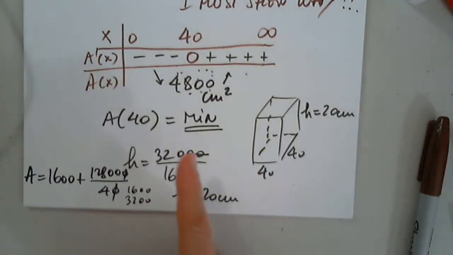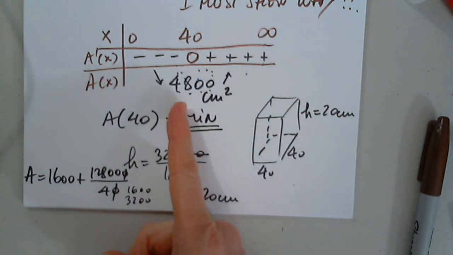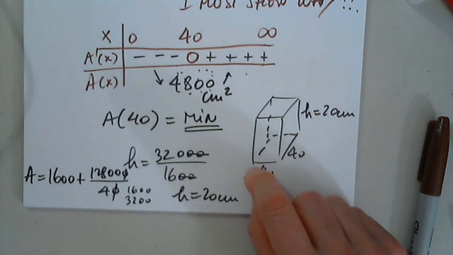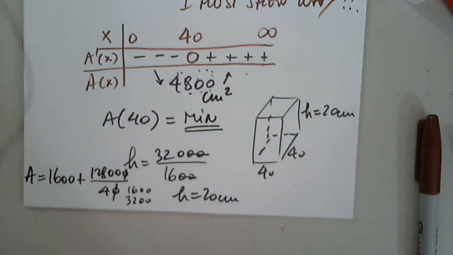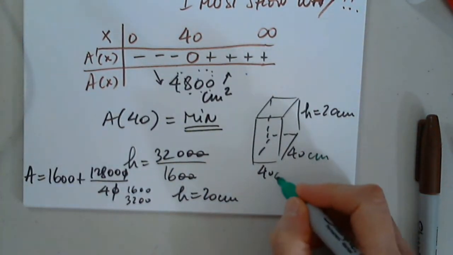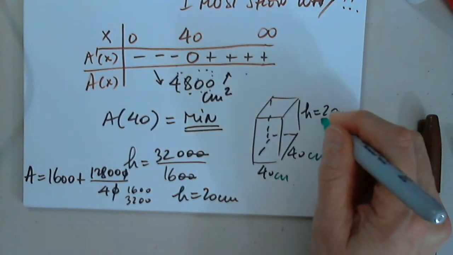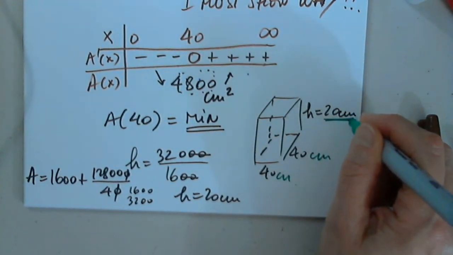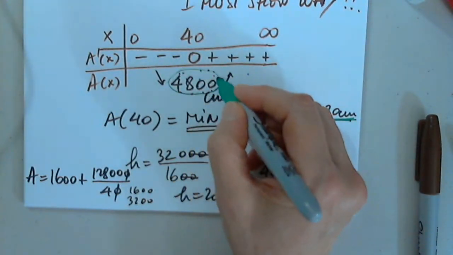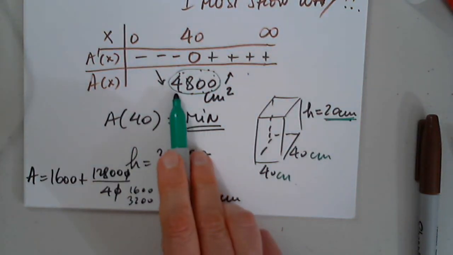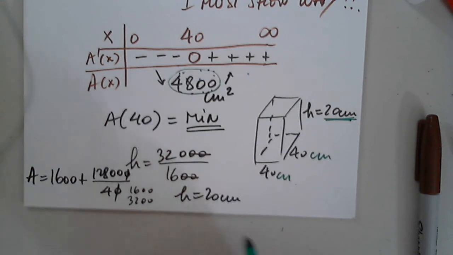This is very important. If you want that to happen and you want to use the least amount of material, make sure that the base has a side of 40 centimeters and the height is 20 centimeters, and I guarantee you that the minimum surface area used will be 4,800 squared centimeters.